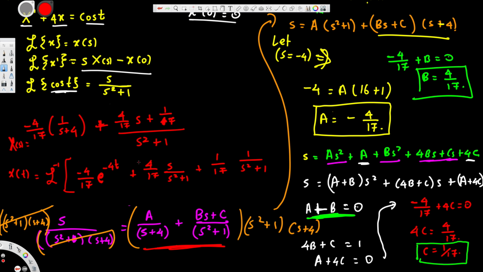For these two we have to take the Laplace inverse. You know what, I have the Laplace inverse sign, so I cannot do the Laplace here. I'll do this in the next step all together. So I keep the previous one as it is, 1 over s plus 4, with minus 4 over 17 multiplied in front of this one.